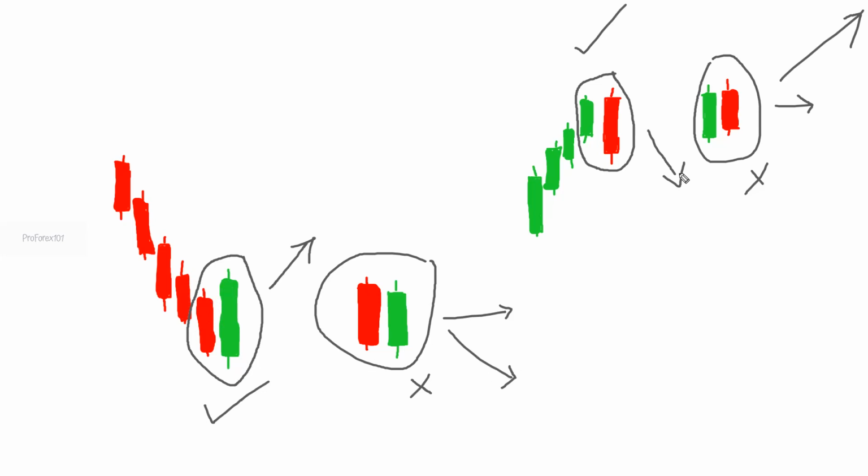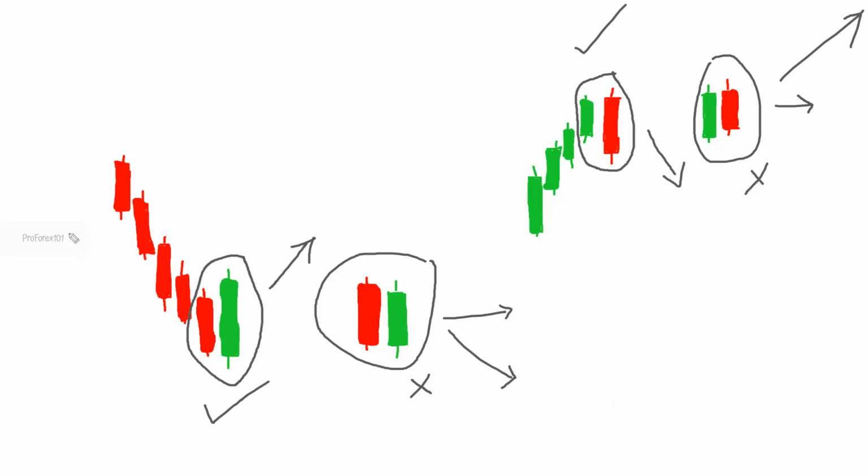For the bearish signal, the whole signal itself has to be bigger than the previous candle, and the close has to be below the previous open. Remember, this is above, that is below, opposite scenarios.